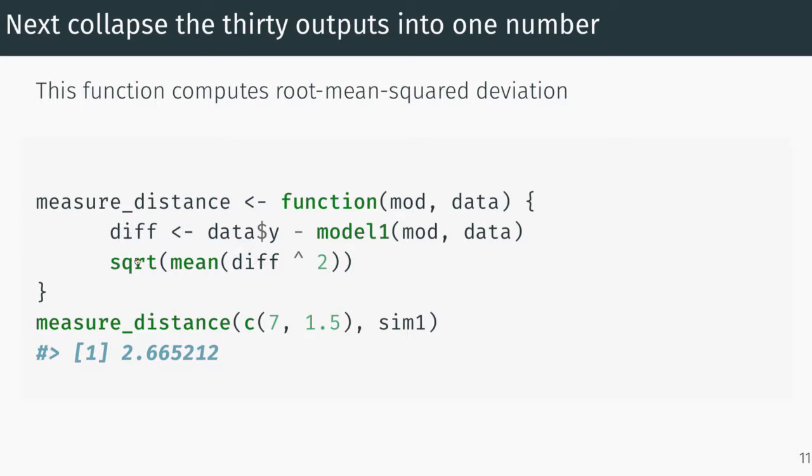Then it takes the square root of the mean of the square of diff, and spits that number out. So this function will take in the 30 data points from sim1 and spit out one number that corresponds to how good a predictor this intercept and this slope are. And this is a remarkably good number. This is better than what we've got in our data set. We don't have this pair of numbers in our data set, I don't think.